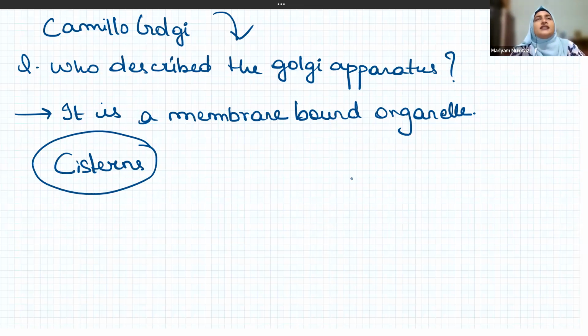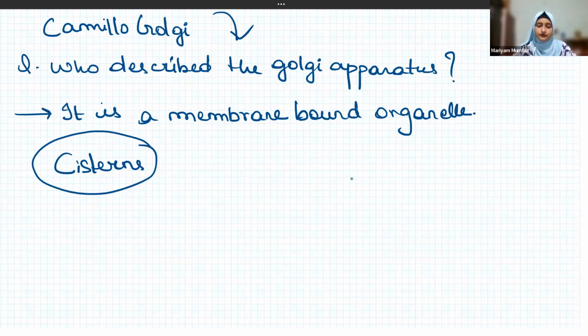The stacks are not big or bulky. They are flattened. So there are several flattened sacs that make up the whole apparatus. That is why it is known as apparatus. It is made up of arranged flattened sacs or stacks called cisterns.